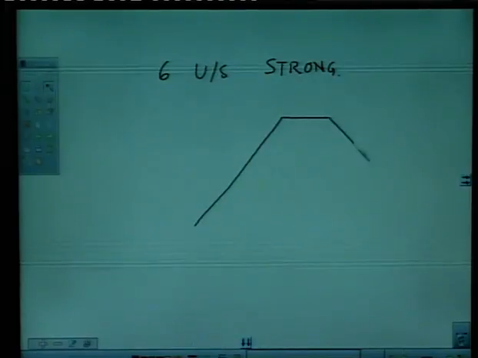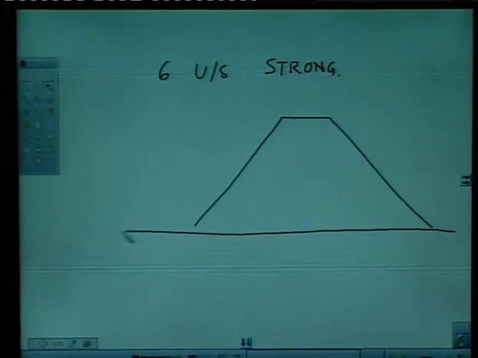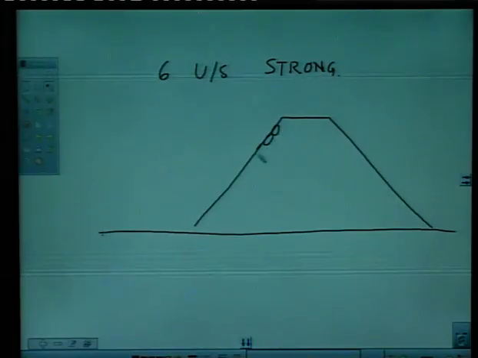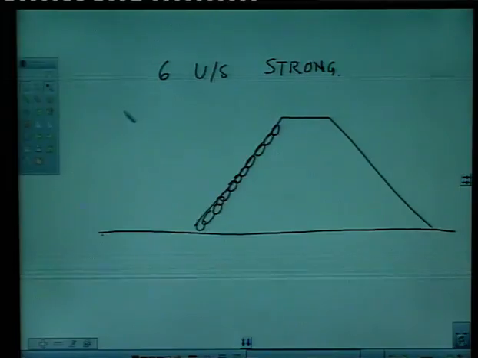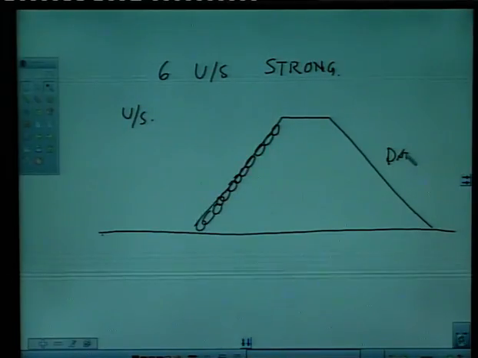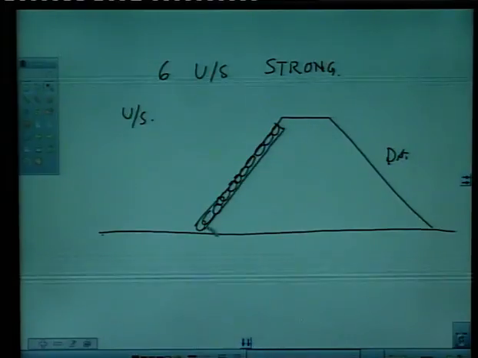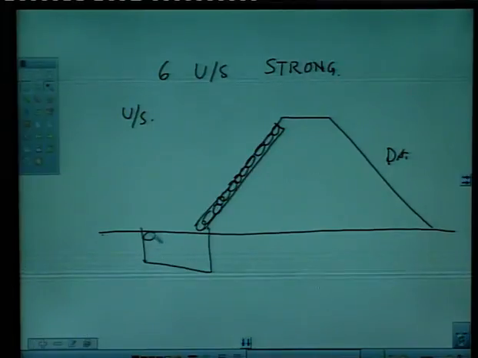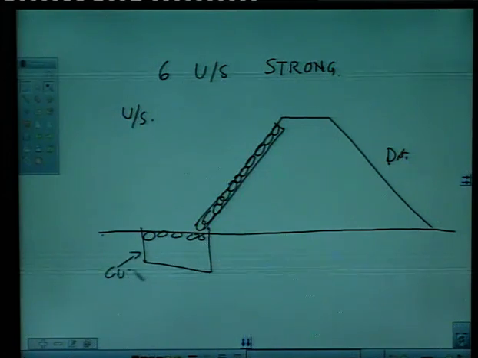For example, this is your dam section. So, we provide gravel pitching on the upstream side, and this is, let us say, the downstream side. And this is the cut off toe. So, this is the cut off.